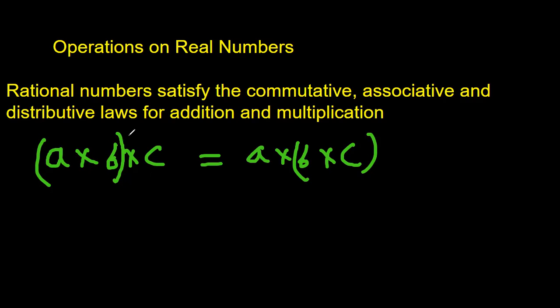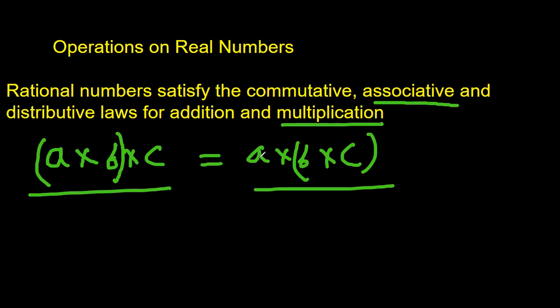That is called the associative law of multiplication, right? You can take any example of rational numbers and you will find that in both cases you are getting the same answer.